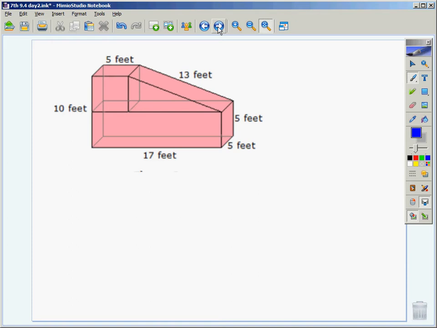So long as there are two congruent parallel faces, we can do it the same way we've been doing everything else that we've done. As a class, what's the formula? S equals what? pH plus 2B. pH plus 2B.